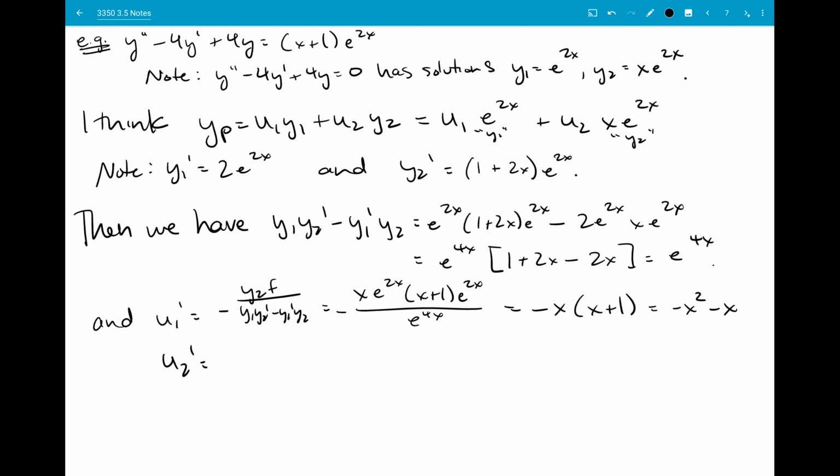And my u2' is going to be y1 f over the same thing. So I've got e to the 2x times (x plus 1) e to the 2x all over e to the 4x. Same simplification as before, leaves me with just x plus 1.